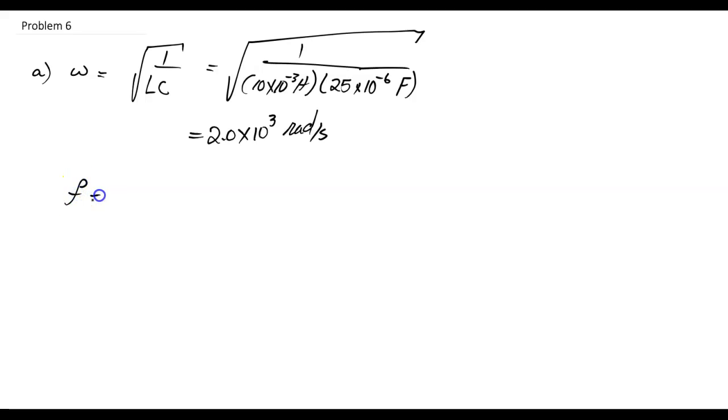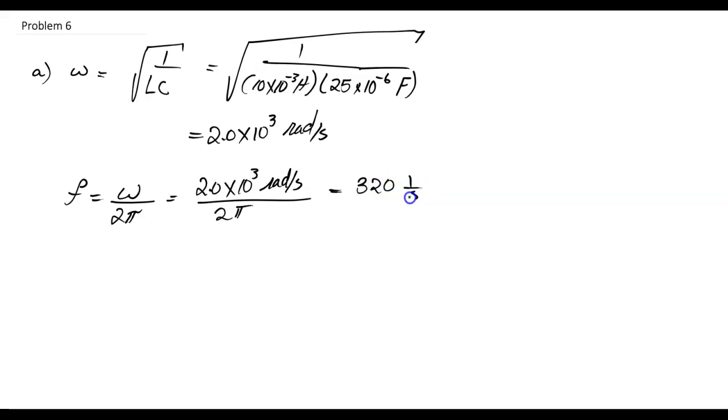And then we can use the fact that the frequency is equal to the angular frequency over 2 pi. So this is 2.0 times 10 to the third radians per second over 2 pi, which gives us about 320 per second, which is the same as hertz.